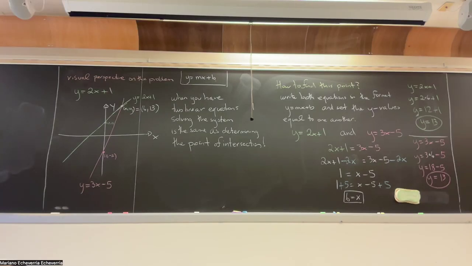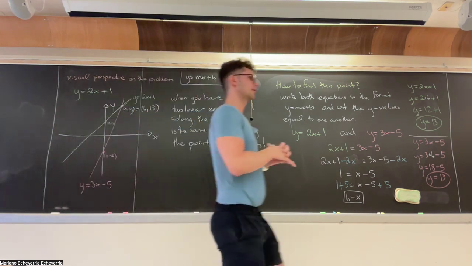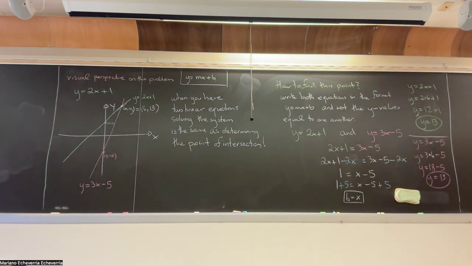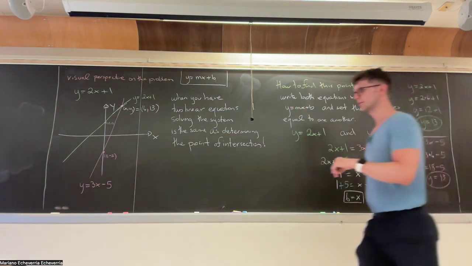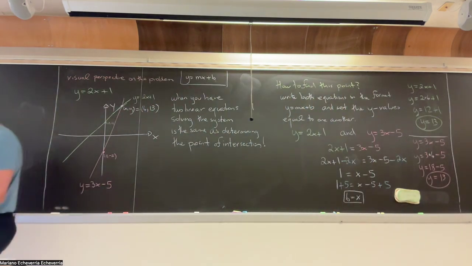Okay, so now you do pictures, and you think about what can happen when you draw lines on a plane. Let me see if I can find my pointers, because I like that a lot.